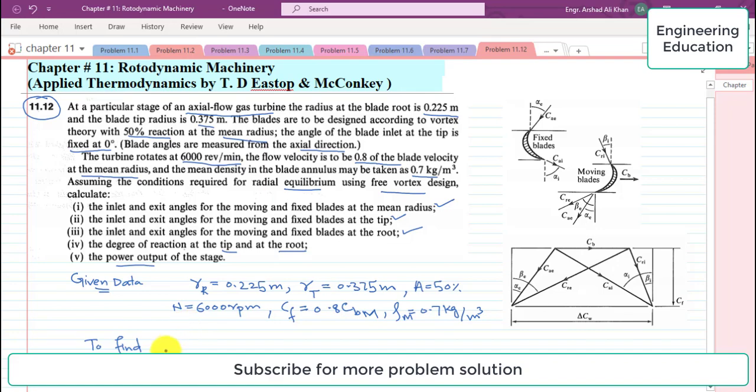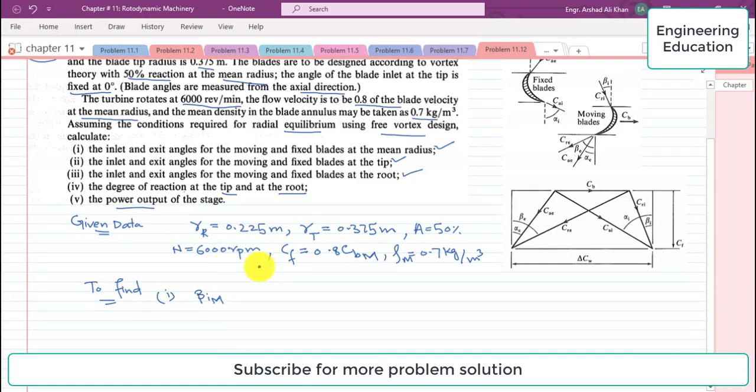in part 1, the inlet and exit angles for the moving and fixed blades at the mean radius. So beta IM, which is the blade inlet angle at mean radius, and beta EM, which is the blade angle at exit at mean radius.